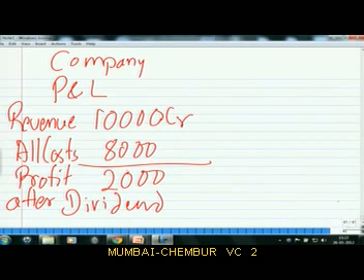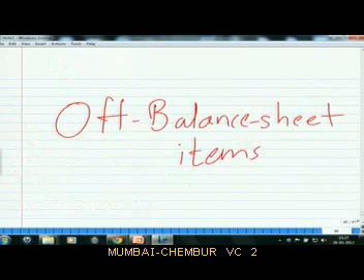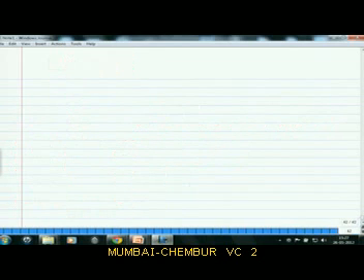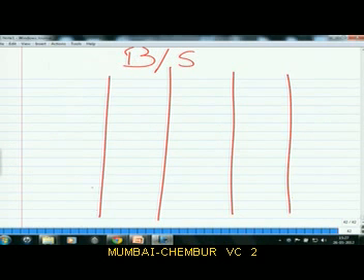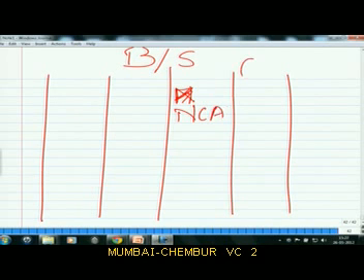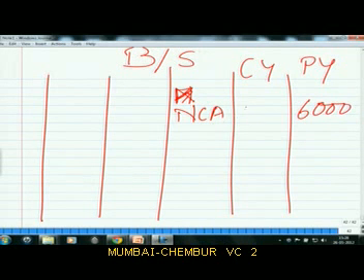Now I'll show you the balance sheet of this company. Okay, let's take the next sheet. Balance sheet of this company. Now I'm trying still a horizontal form, which is no more permitted, but for understanding, this company has PPE or fixed assets, non-current assets, current year, previous year: 6,000 crores and 5,000 crores.